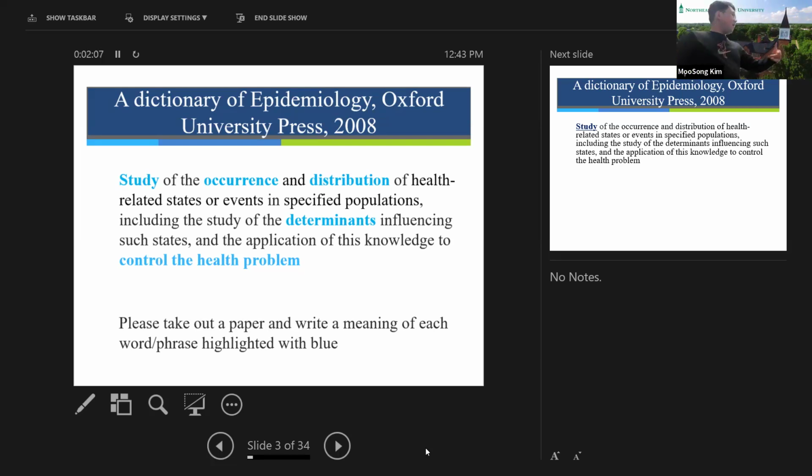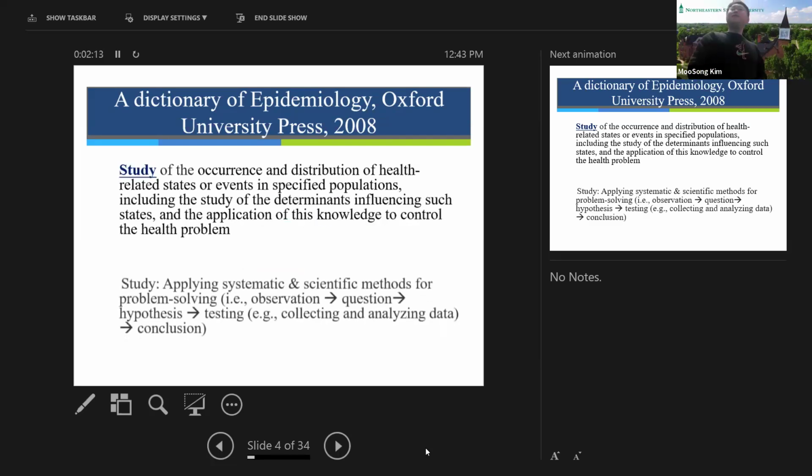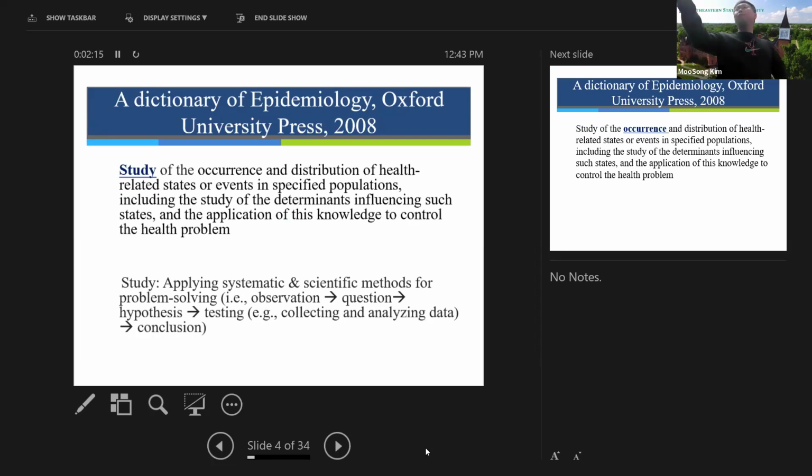Collecting data and analyzing data, right? And then make conclusions. So study means actually applying systematic and scientific method for problem solving.